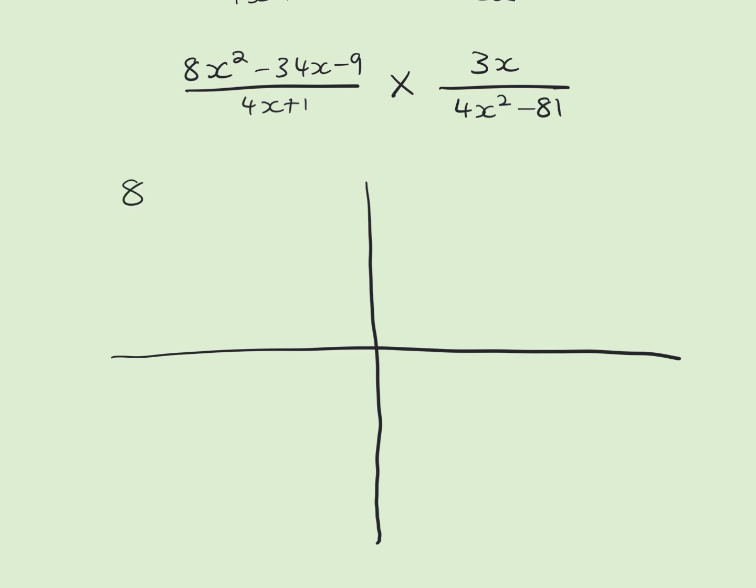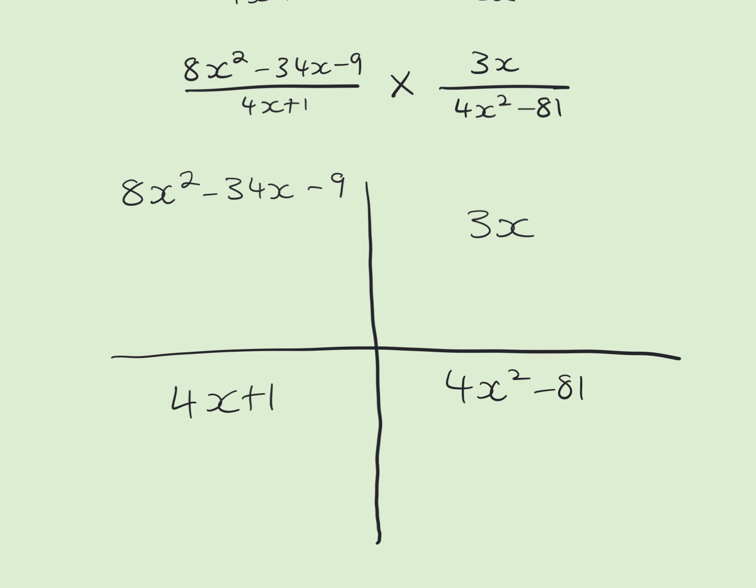So I have 8x squared minus 34x minus 9. 3x I'm obviously not going to have to factorize. Down here I have 4x squared minus 81. And over this side I have 4x plus 1, which again I'm not going to have to factorize. So looking at the first one here, it's quadratic, so we can use the guide number method of minus 72.